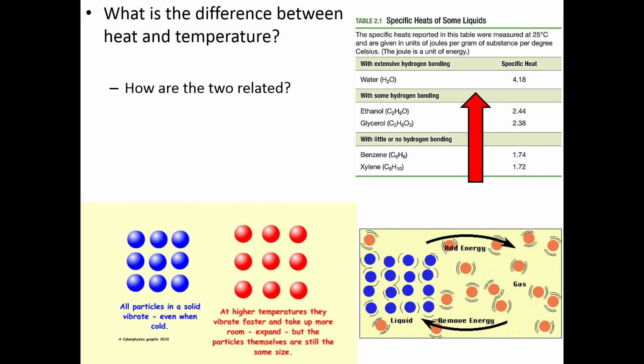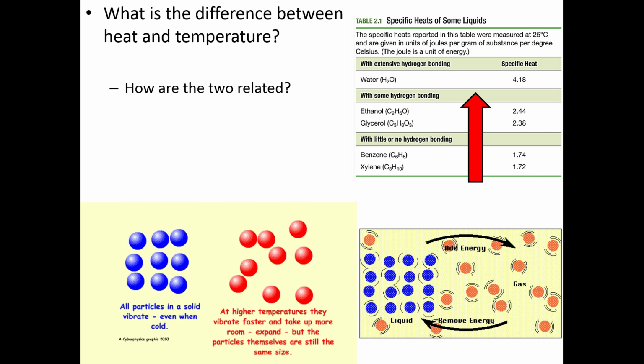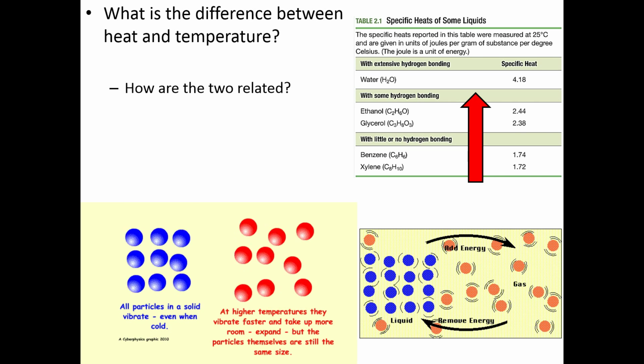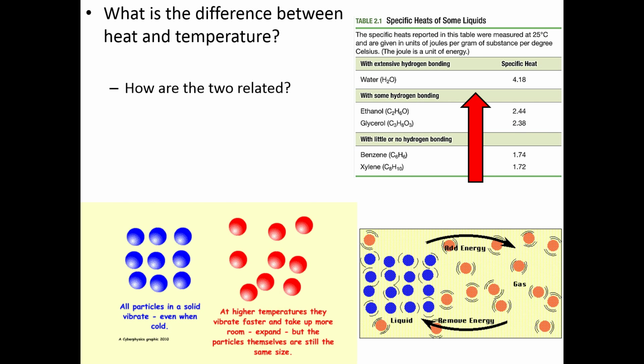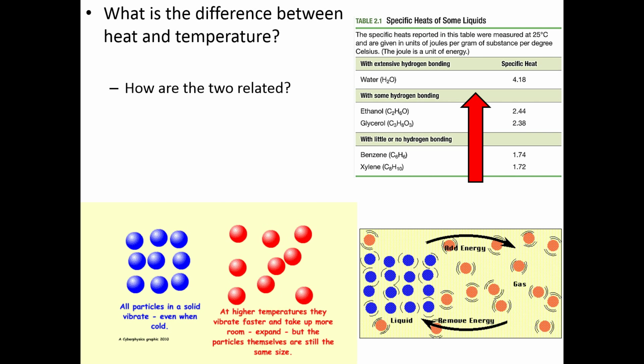And each type of molecule has its own vibration and generates its own heat. It all has to do with the movement of molecules, not just the vibration, but the movement. And these molecules colliding with one another generates heat.